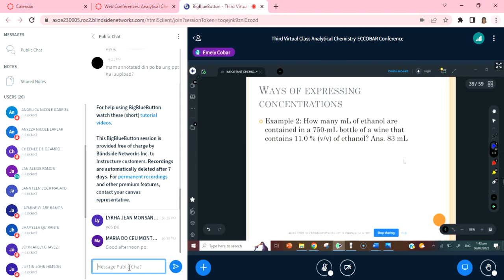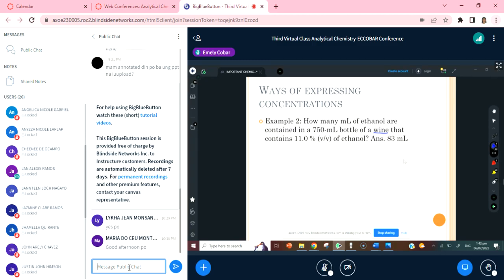Okay, so let us analyze the problem. How many ml of ethanol are contained in a 750 ml bottle of wine? So, what our solution here is wine. Okay, so ito ang ating solution, wine. And then, ano ang volume ng wine natin?